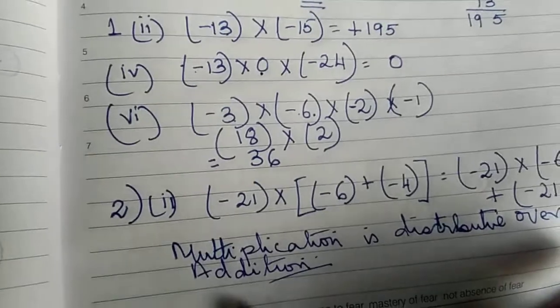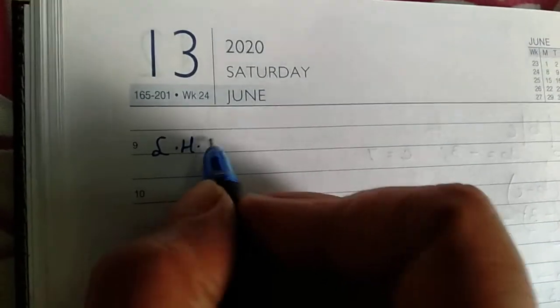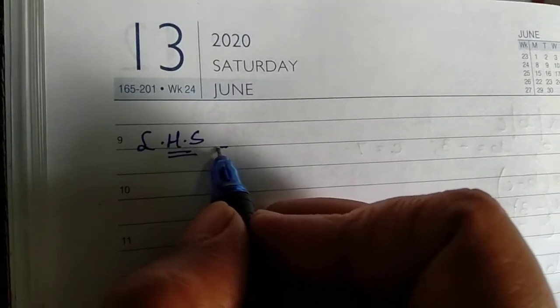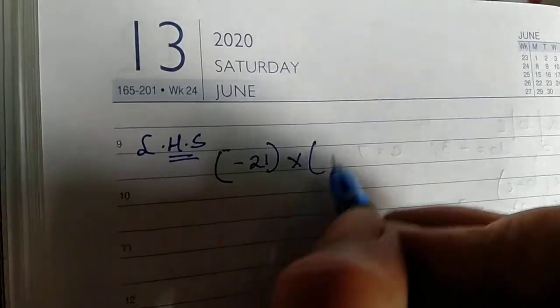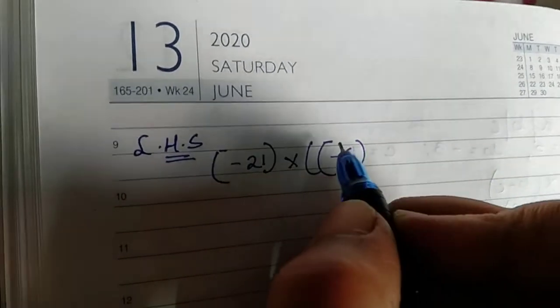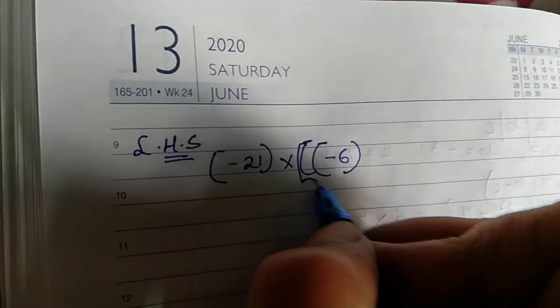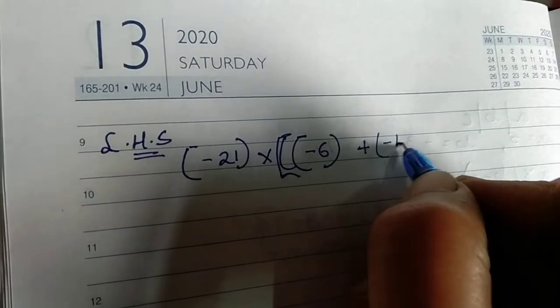Whenever you are supposed to do any verification, verification means what? Verification means you are proving it. So it is always left hand side and right hand side. So what do you have in the left hand side, girls? You have minus 21 into minus 6 plus minus 4.